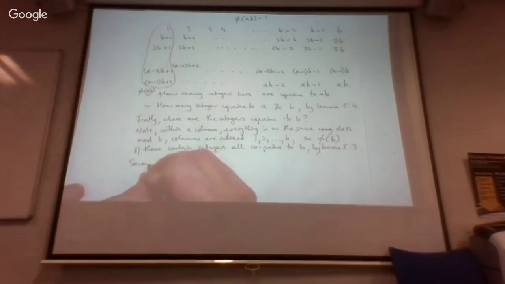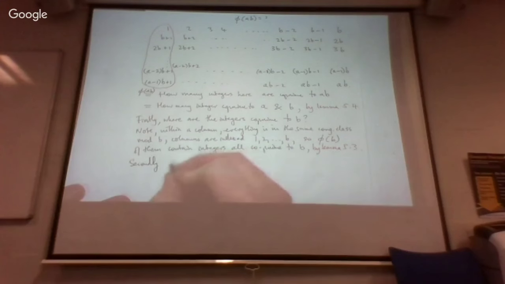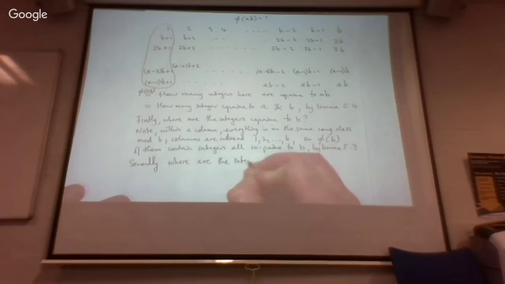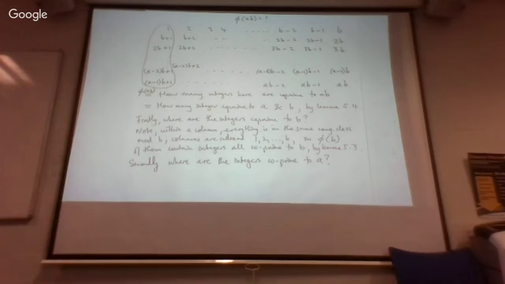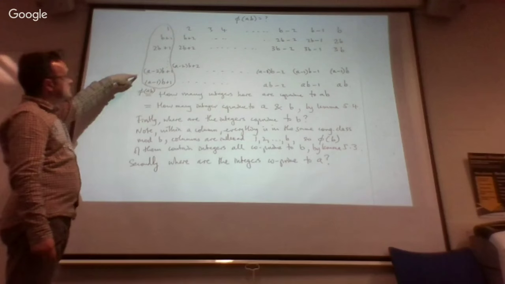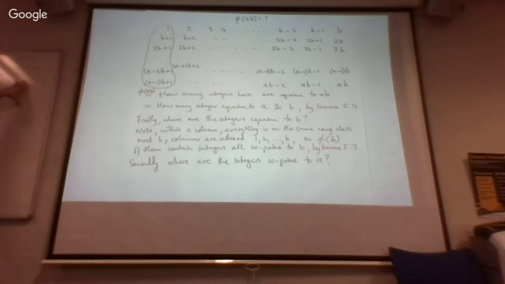So secondly, where are the integers co-prime to a? So this time we don't look down the columns, this time we look across the rows. When you look across one of these rows, well, for a start, no, hang on.